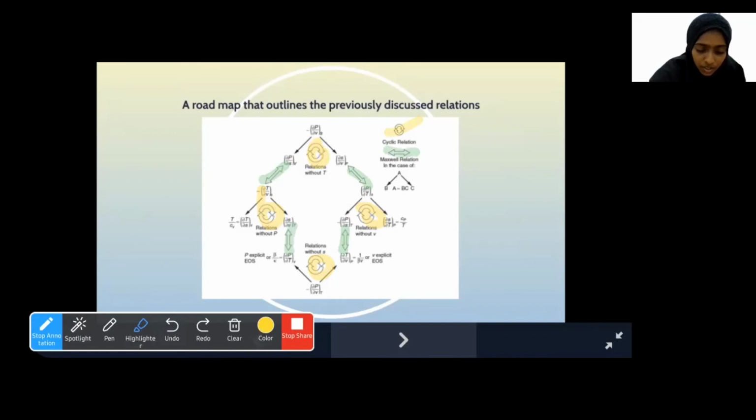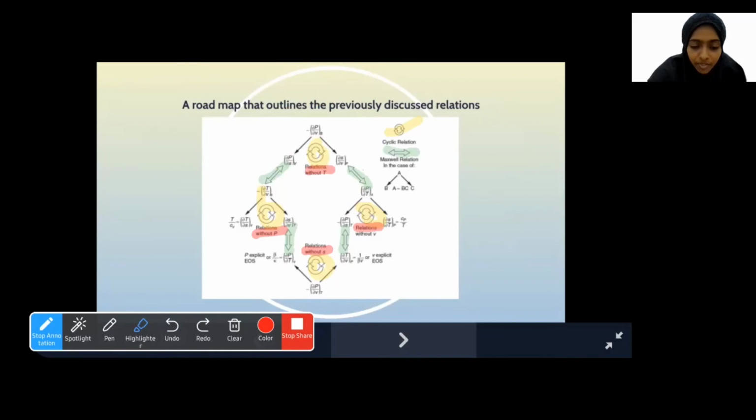As we can see as well, there are relations without S, relations without V, and relations with T and P. Depending on the situation, we may want to find terms that have no relation to T, so we are going to use this part of the thermodynamic web.